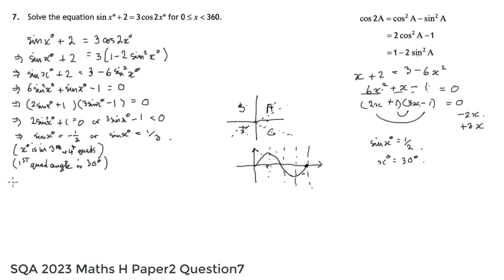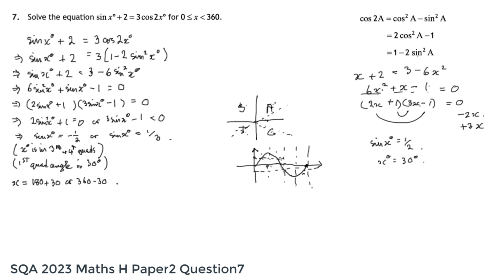So the angles we're after, x would be equal to 180 plus 30 or 360 minus 30. If you use this diagram, you're seeing the half first, second quadrants, negative a half in the third and fourth quadrants.